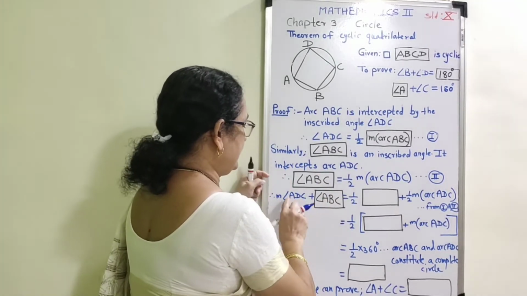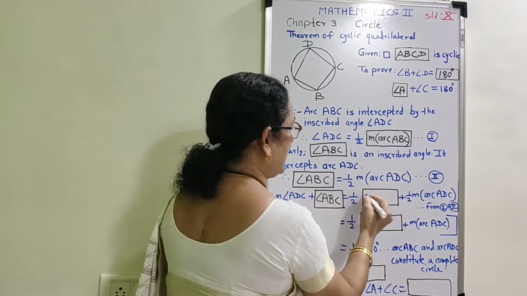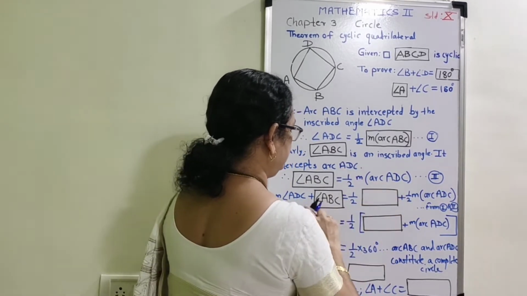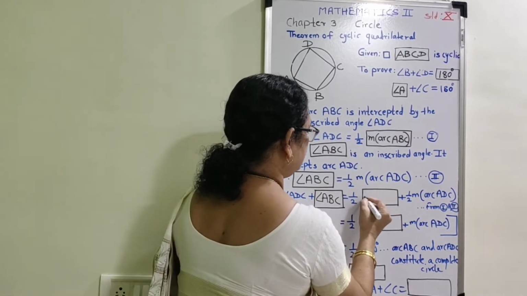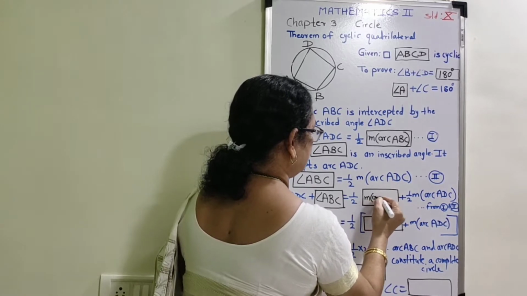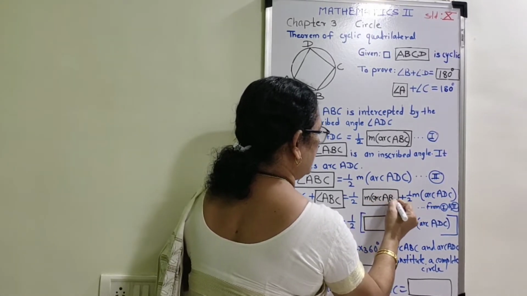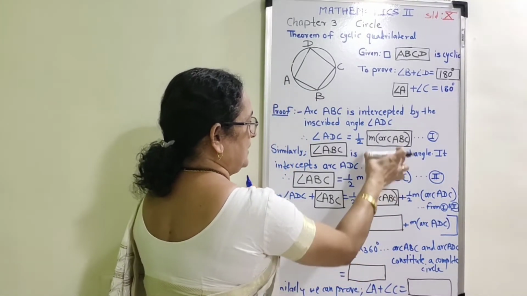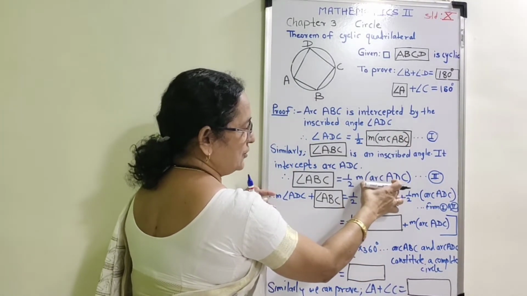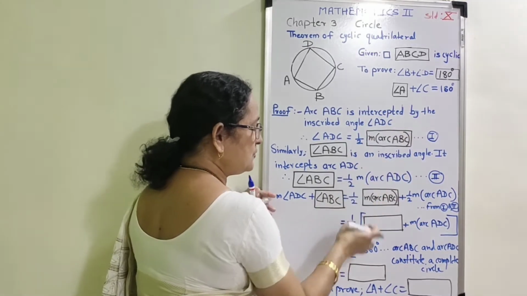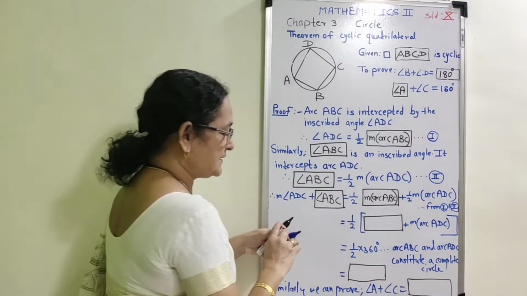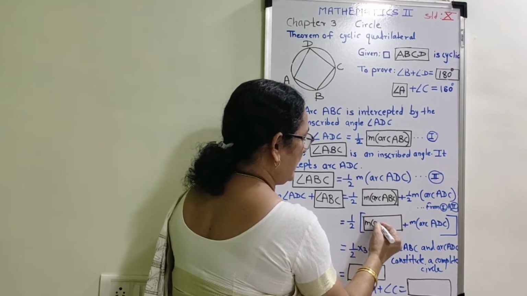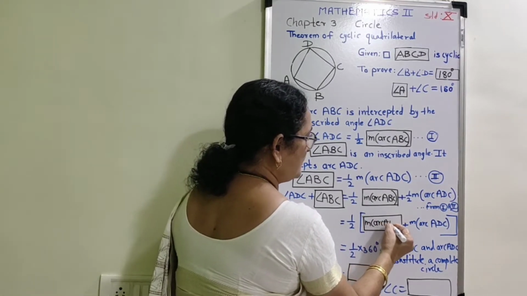The measure of angle ADC is equal to half of major arc ABC plus half of major arc ADC. We have taken the addition of statements 1 and 2. Take 1/2 common outside. The second thing is major arc ABC. Now observe the figure.